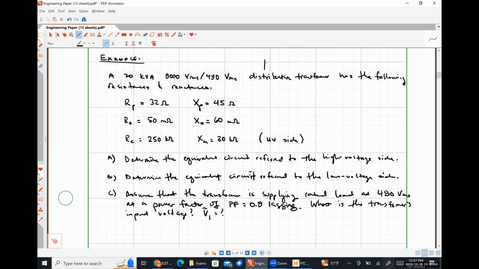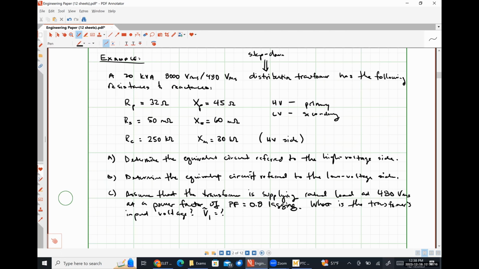So we can read this distribution as just a fancy way of saying this is a step down transformer, which means high voltage is our primary and our low voltage is our secondary.